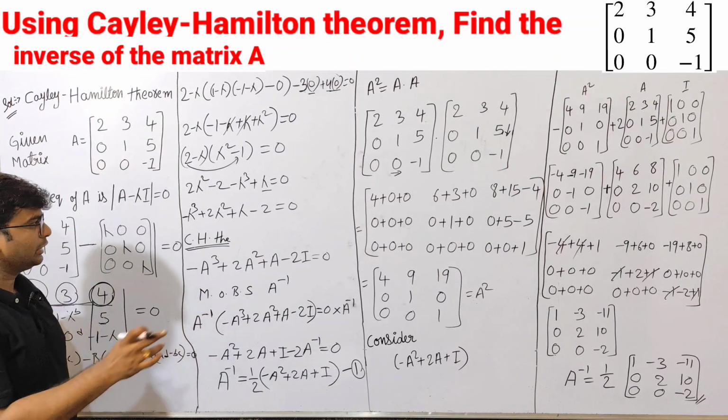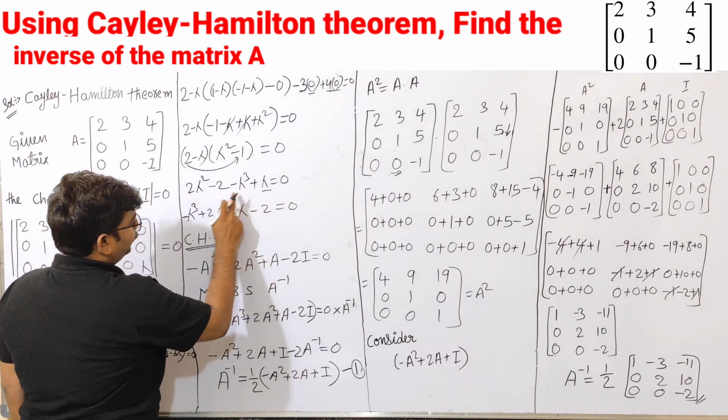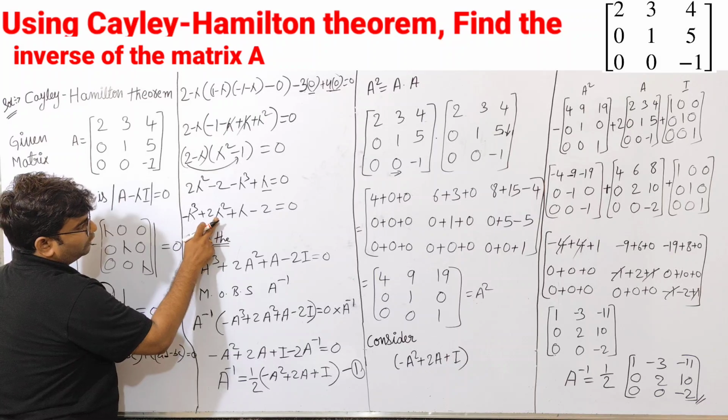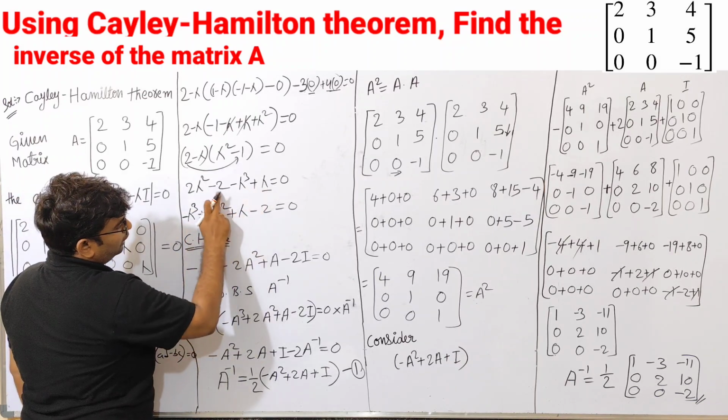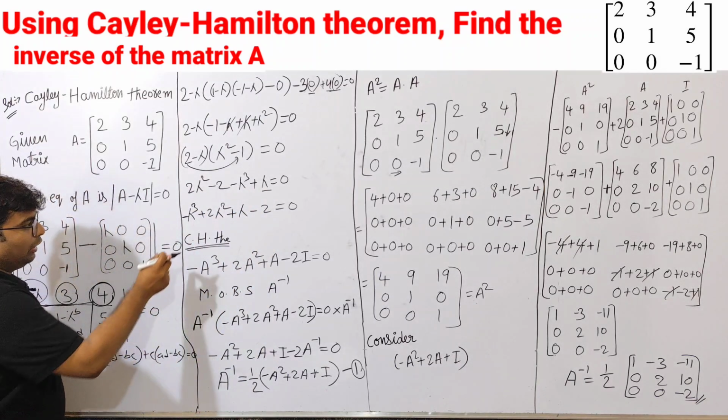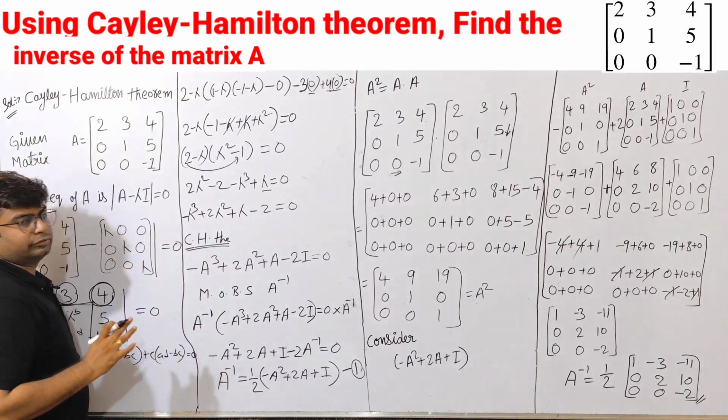Now I am rearranging this equation. First I am taking lambda cube here, next this one, and next this, and last this one, because lambda cube, lambda square, lambda.